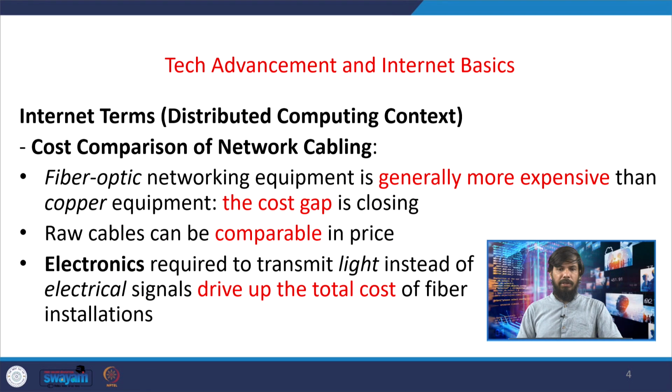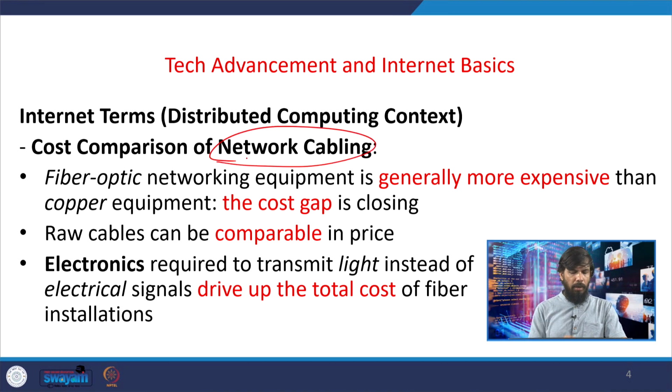Now, if we do a cost comparison of network cabling, fiber optic networking equipment is generally more expensive than copper equipment, though the cost gap is closing, because of the technology advancement we have talked about, which is continuously improving the production technology for many computer hardware components, including the networking hardware components.